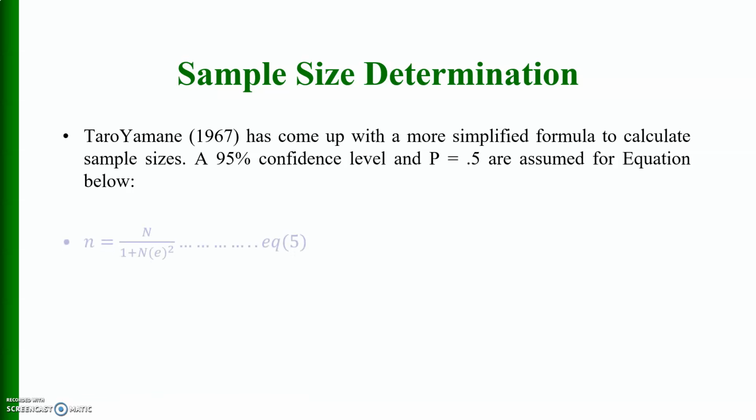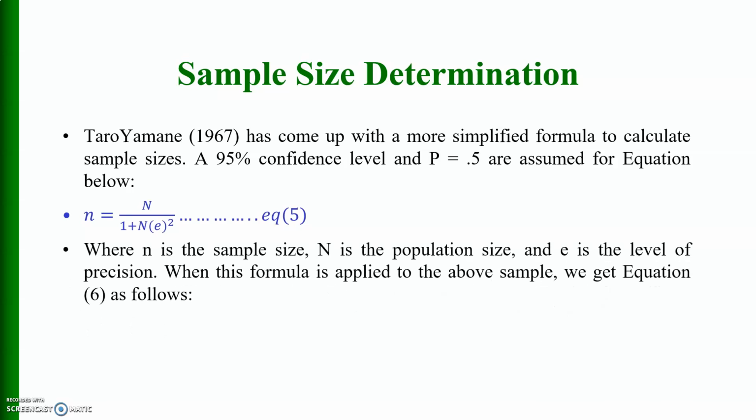So we may have this equation, where small n is the sample size, and that is equal to capital N divided by 1 plus N times e raised to the power 2. So this is how we can explain this equation.